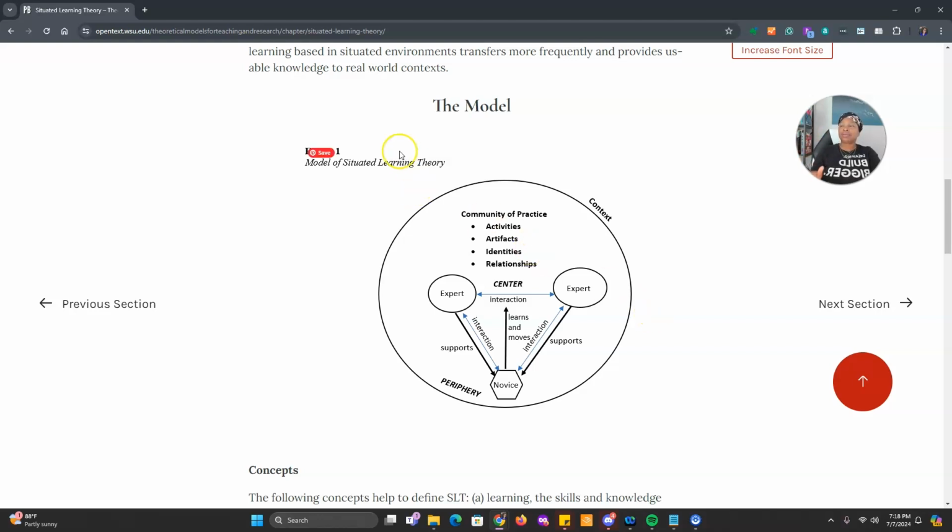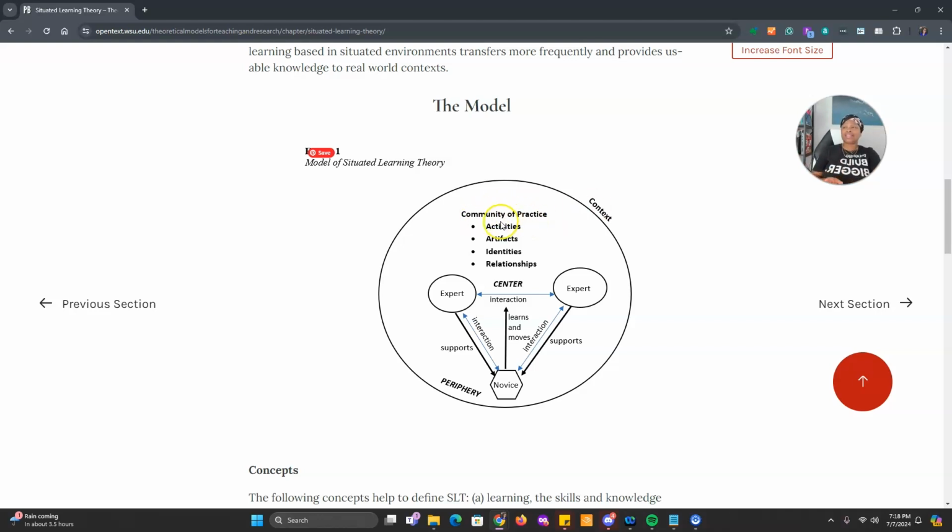This model of situated learning theory really just outlines how to build a community of practice. So if you don't have one and you're wondering how you can make one happen, if this resonates with you like it did with me, you can definitely use this. What I liked is the exterior circle, right outside of it, is the context. That's the practice, that's the content, the thing that brings you together as a group.